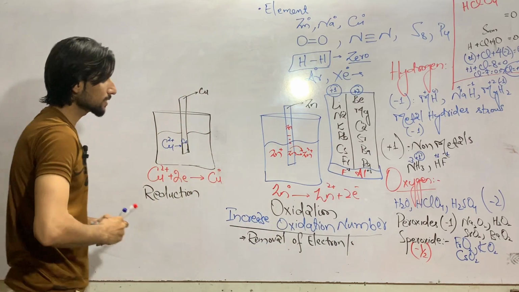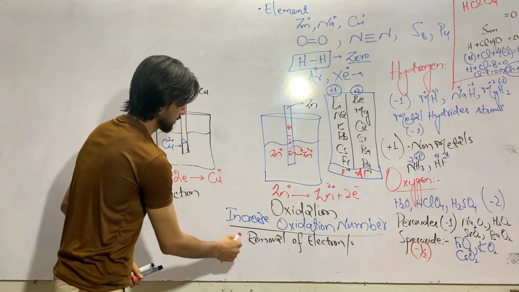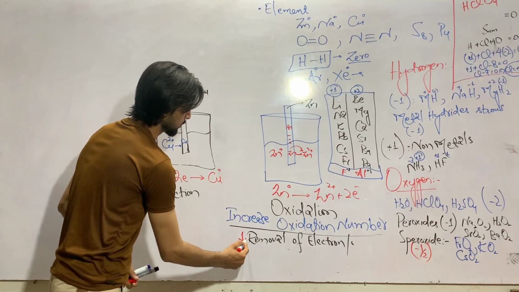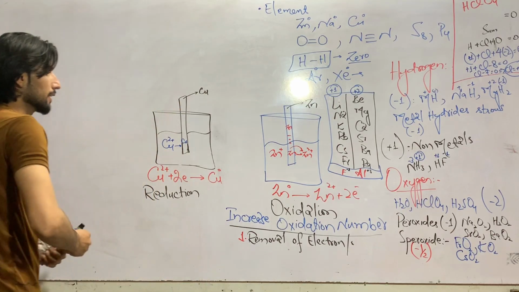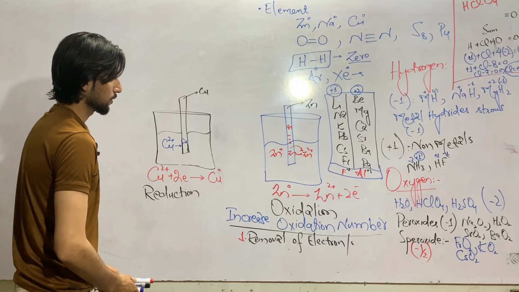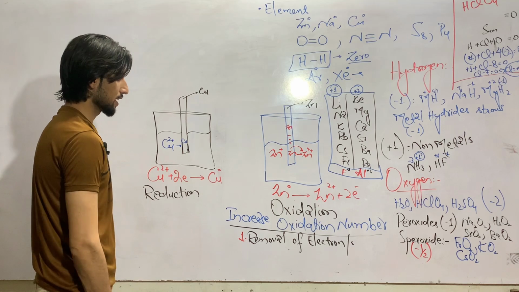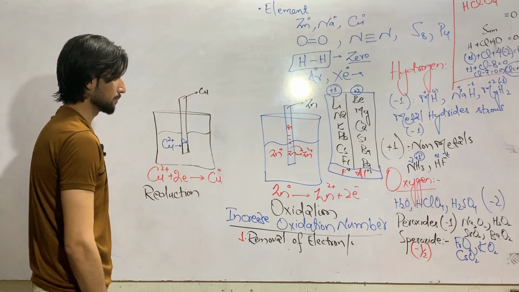So this is case one. Removal of electrons could be oxidation. But it is not the only way to increase the oxidation state of an element.